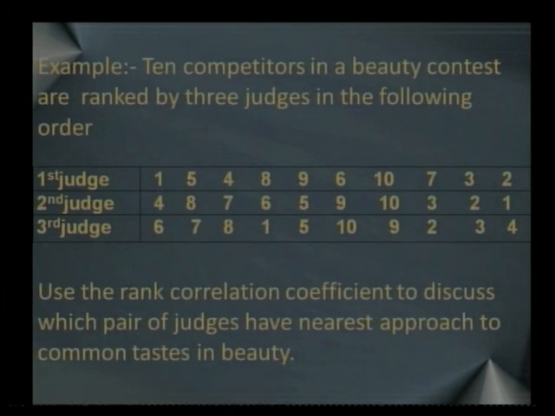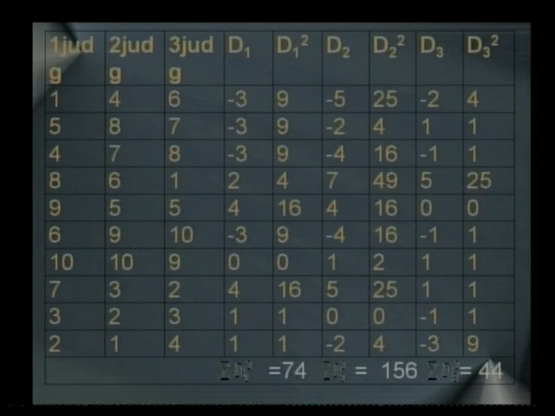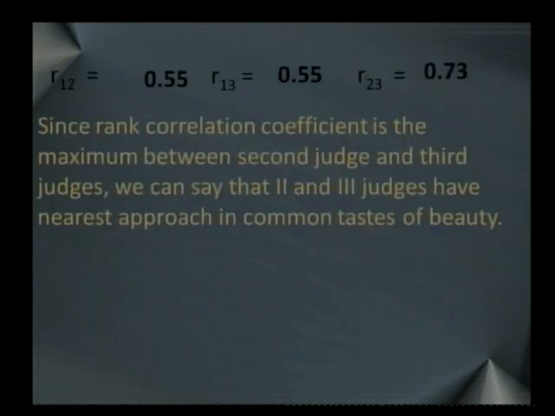So I take the data collected for the first, second and third judge, obtain di and di square, and so on. I have taken the difference between the values, and got R12 equal to 0.25, R13 equal to 0.55, and R23 equal to 0.73.